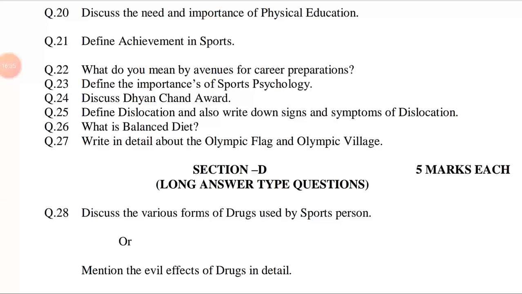Question number 21. Define achievements in sports. This question is related to chapter number 3, psychological aspects of physical education. Define means describe or make clear to someone by describing it in detail. The answer may be: what is achievement? Give one definition of achievement.